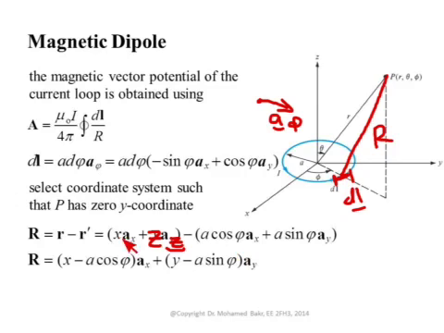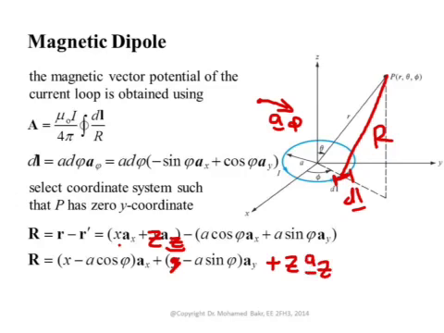So if you subtract these two, this is what you're going to get. I will correct this one as well. This would be x minus a cosine phi in the x direction. This is fine. Here there is no y, so I can simply erase this y, and there is one missing term. I think now things are in order. This becomes z az.